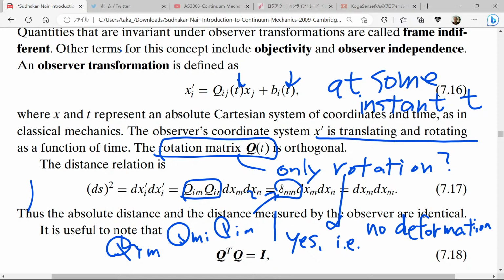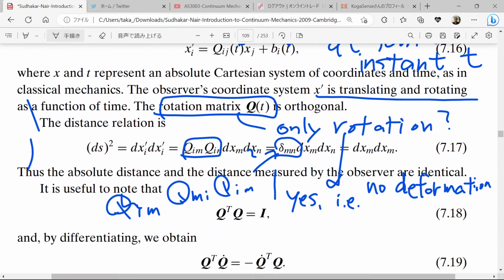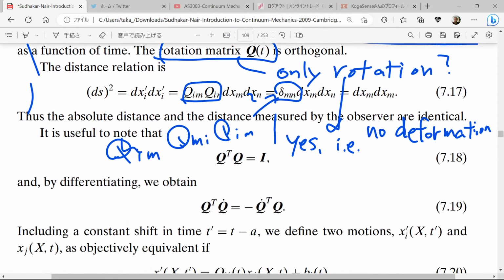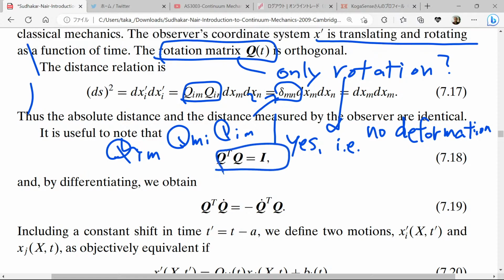Yes, I think so, because this becomes the identity matrix. It is because of this.